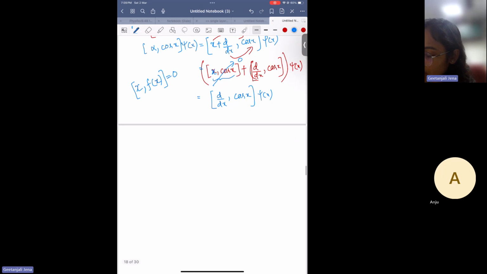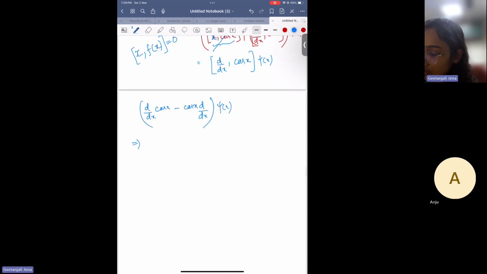Now let's solve this commutator. This is d by dx cos x minus cos x d by dx, acting on psi of x. So this is d by dx of cos x psi x minus cos x d by dx of psi of x.